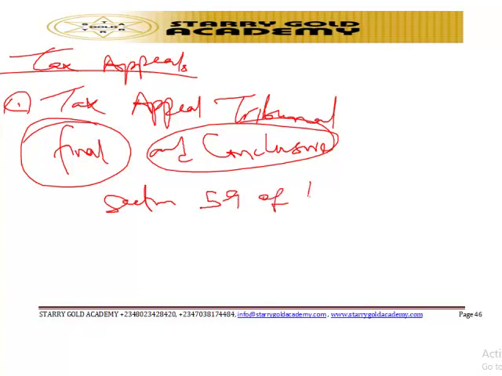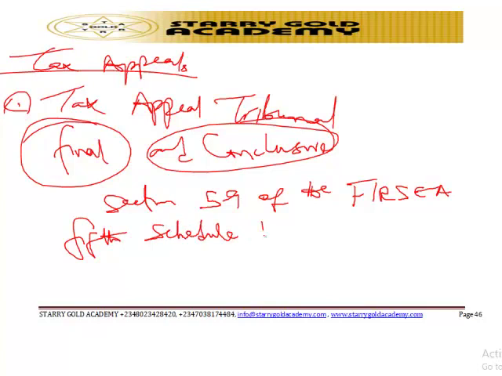59 of the Federal Inland Revenue Service Establishment Act provides for the establishment of the tribunal, while the fifth schedule to the Federal Inland Revenue Service Establishment Act makes provision for the jurisdiction, authority and procedure of the Tax Appeal Tribunal.